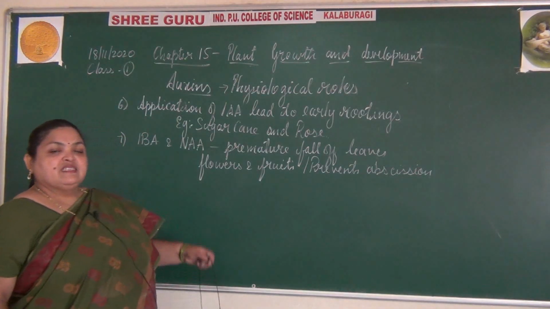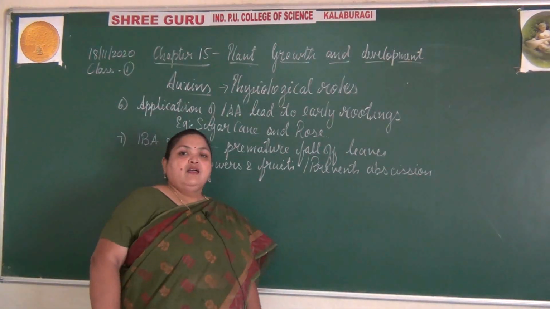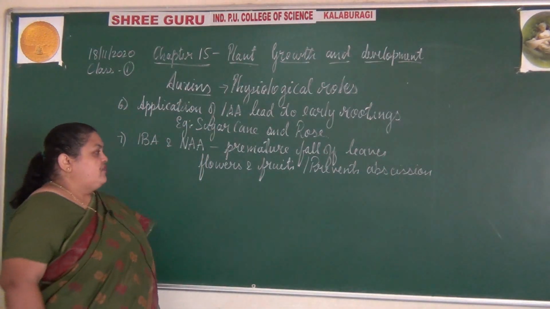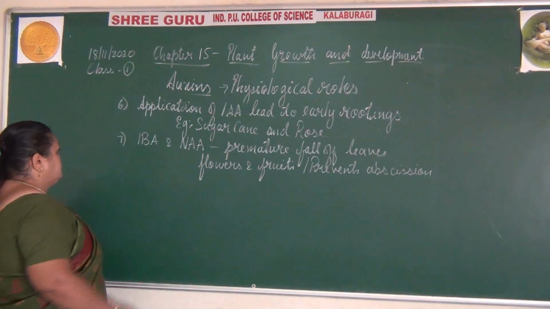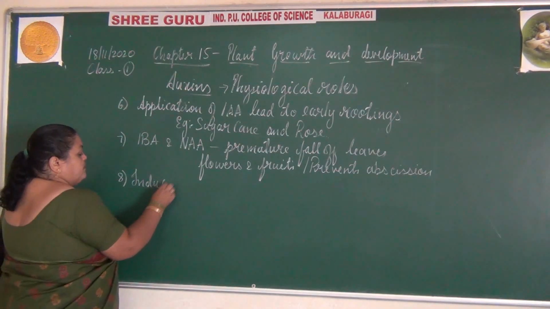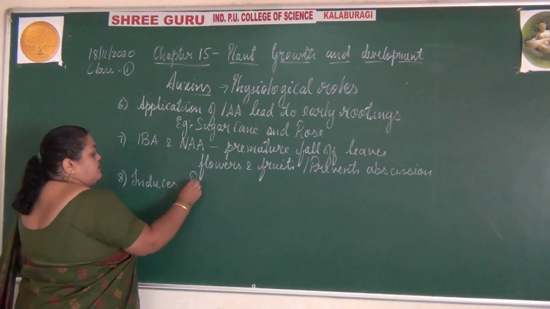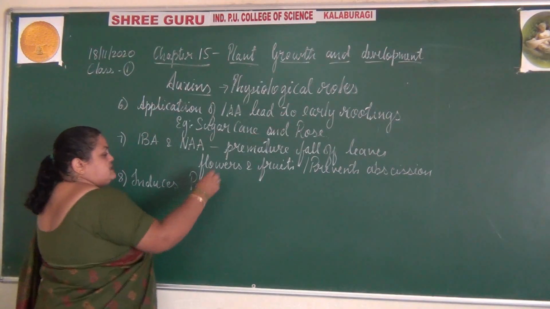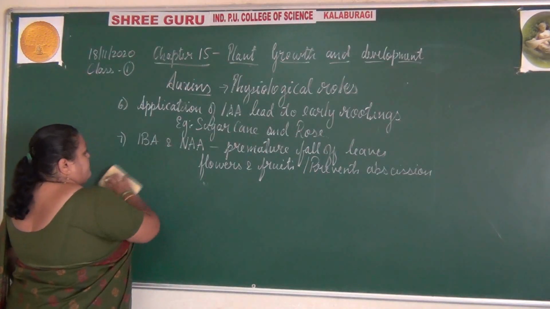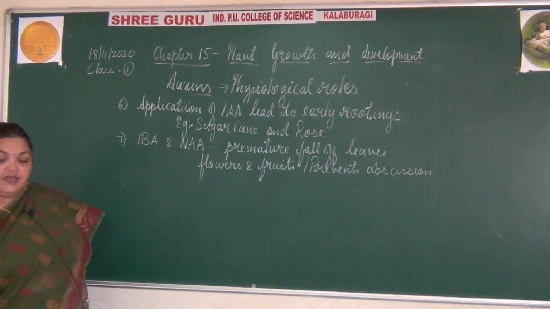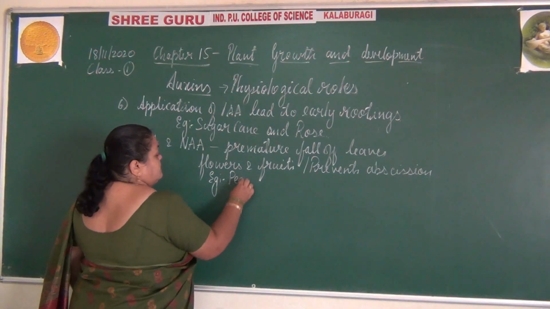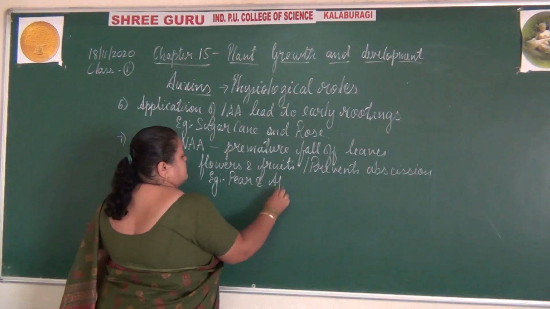Or simply we can say that they prevent the abscission of those leaves, flowers and fruits. And it also induces... for example, we can go to the example here. That example is pear and apples.